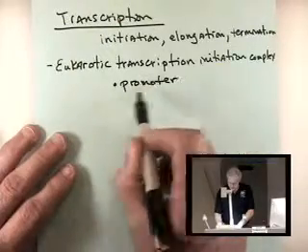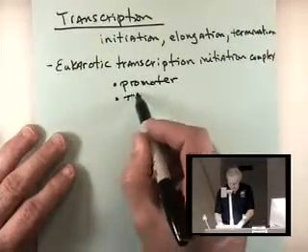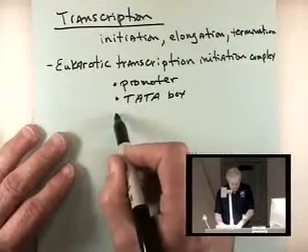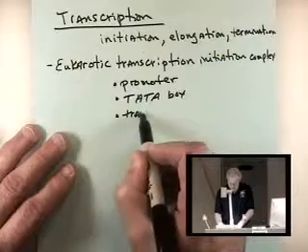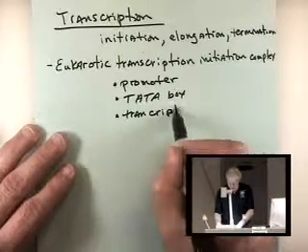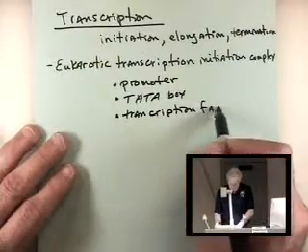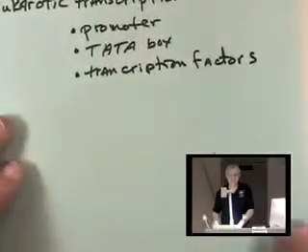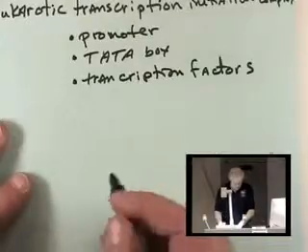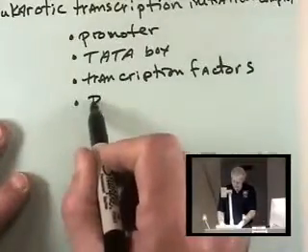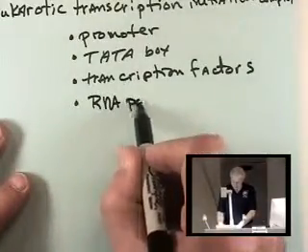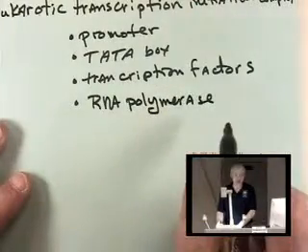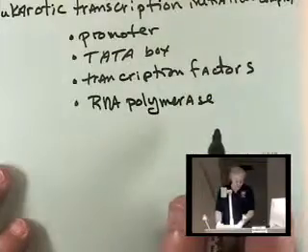There's a promoter. There's a TATA box, remember that. Got to be transcription factors. Got to be RNA polymerase. There's different kinds of RNA polymerases in eukaryotes because they make a bunch of different kinds of RNA.